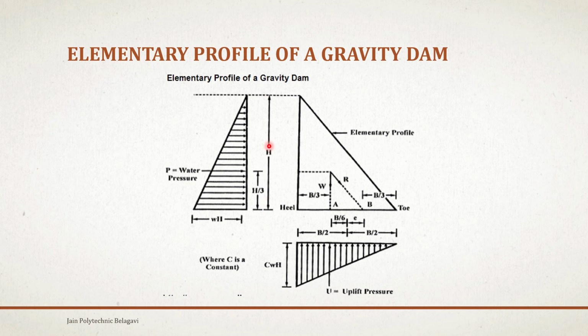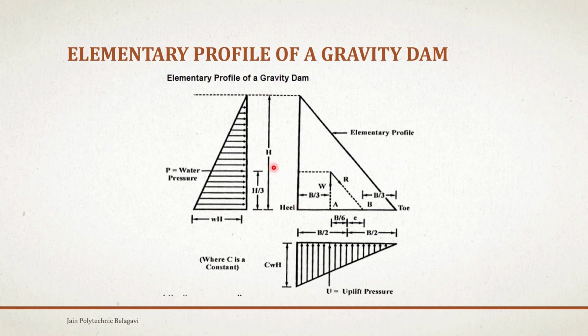Similarly, the water pressure is maximum at H by 3 from the heel. In the sense, the total height will be H, or the height till the water stays at atmospheric pressure, the surface till the heel where the water touches the dam.